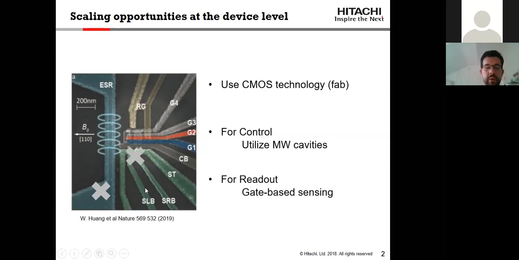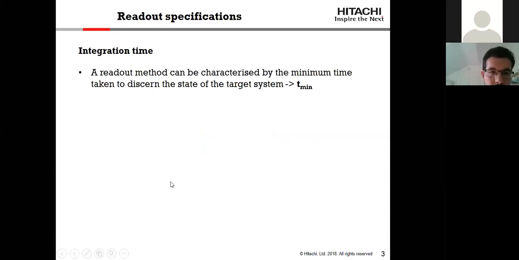And then in terms of readout, probably we'll be wanting to get rid of the charge sensors to simplify even further the structure of the qubits. So the alternative to charge sensors is gate-based readout, and I'll be talking about that in the presentation.